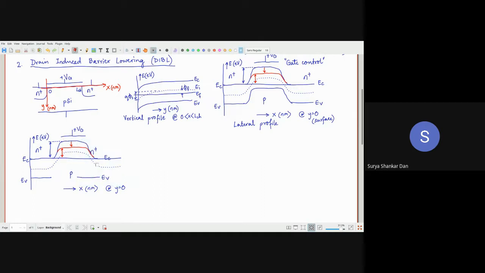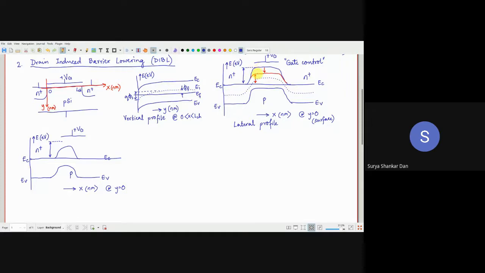So what will happen here? Instead of this kind of band bending, we are keeping the same VG, by the way. I'm not speaking about changing the VG. The only thing is this barrier will be somewhat like that. That means I have simply pushed this right hand side part, that is the drain, very close to the source. As this drain is coming closer, this barrier height will be reduced.